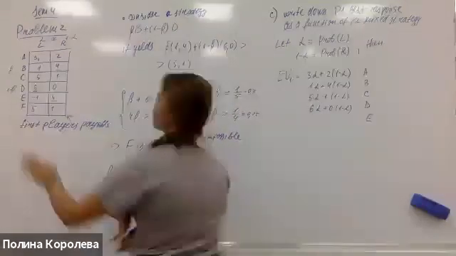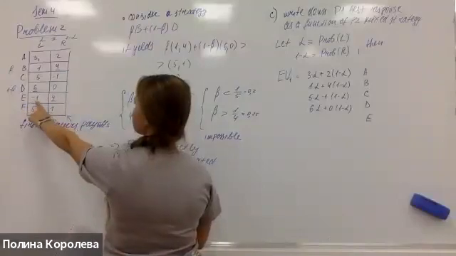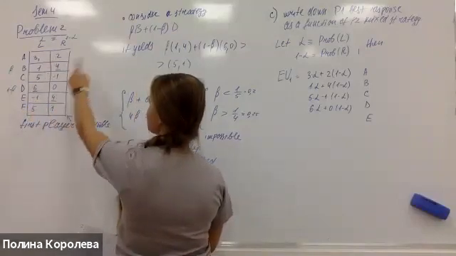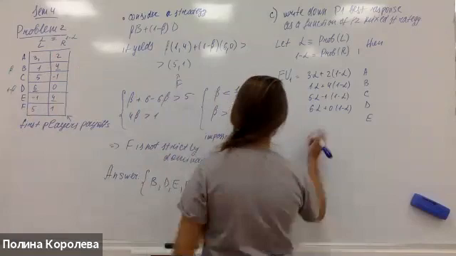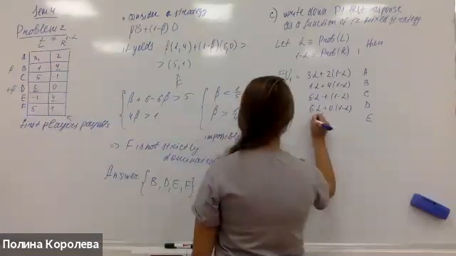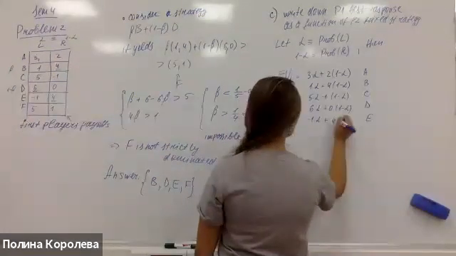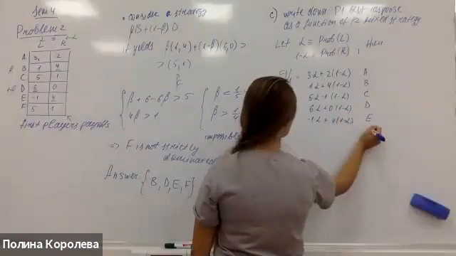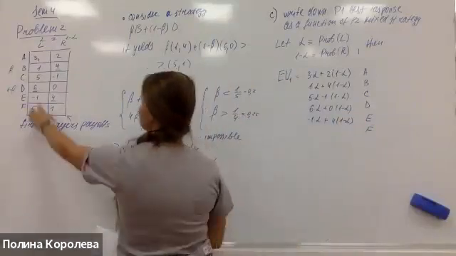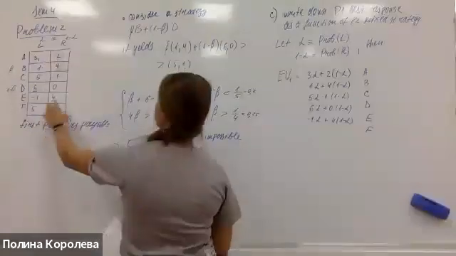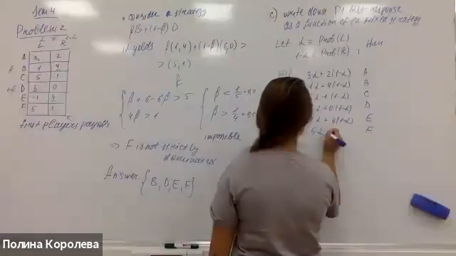E, minus 1 with probability alpha, 4 with probability 1 minus alpha. F, 5 alpha, 1 minus alpha.